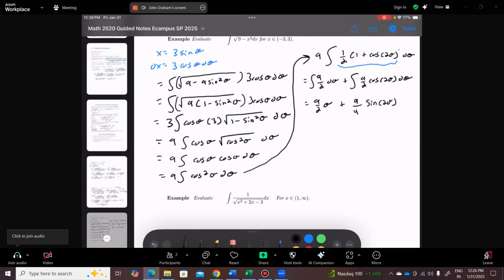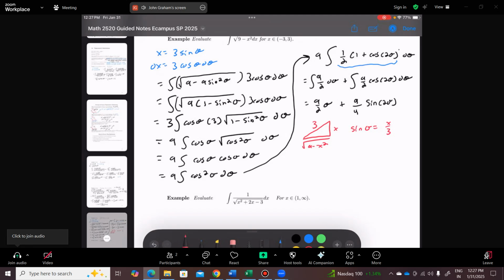And then again, we can look at our triangle. It's going to be a minus x squared. This is x, this is 3. And so if you want to know sine of theta, it's going to be opposite over adjacent, so x over 3.